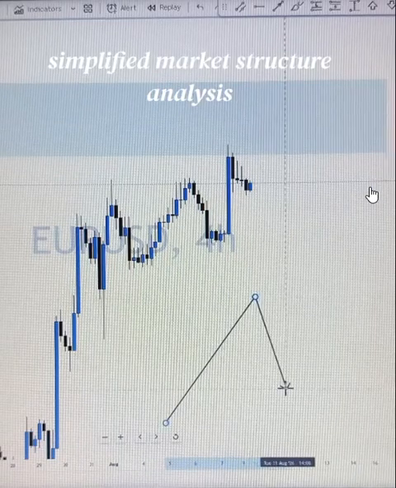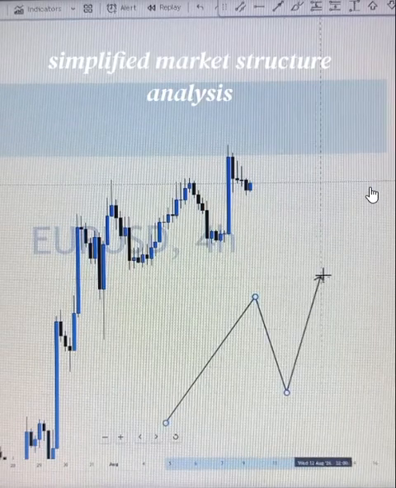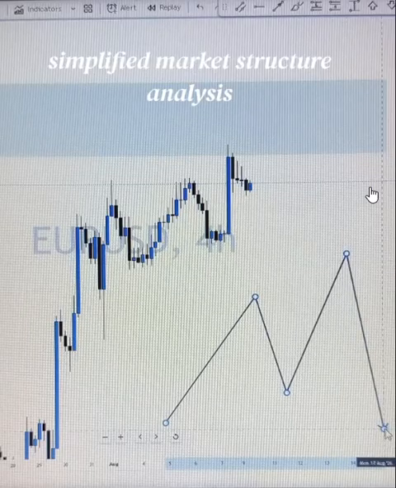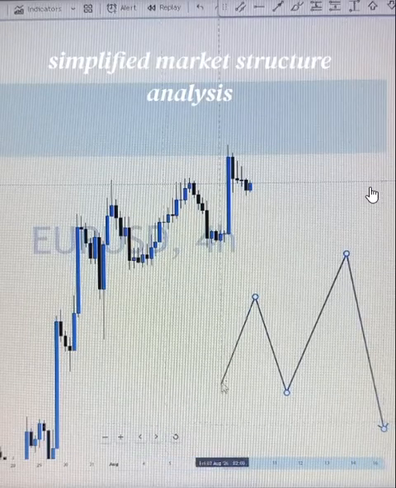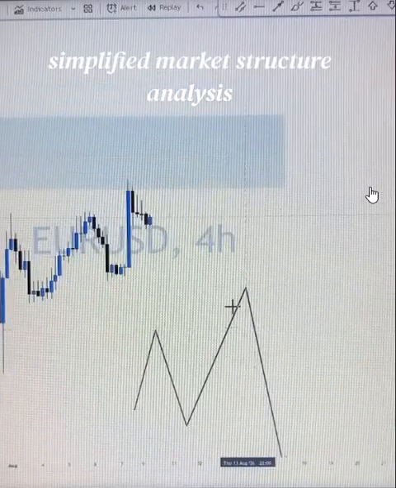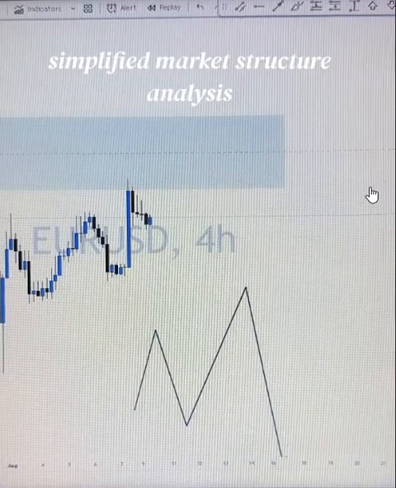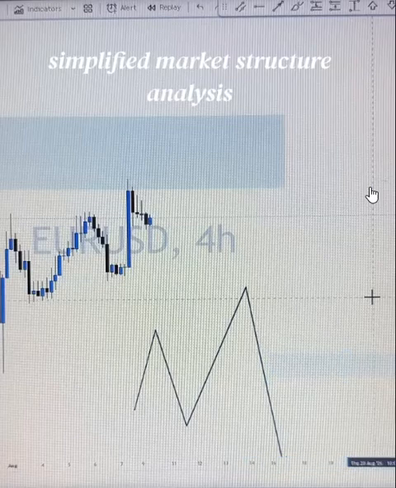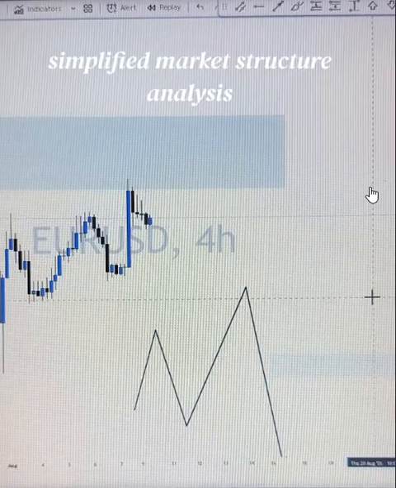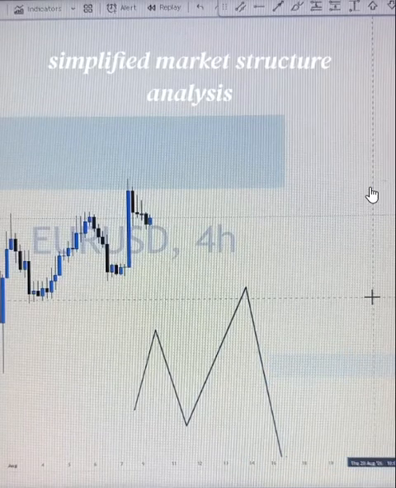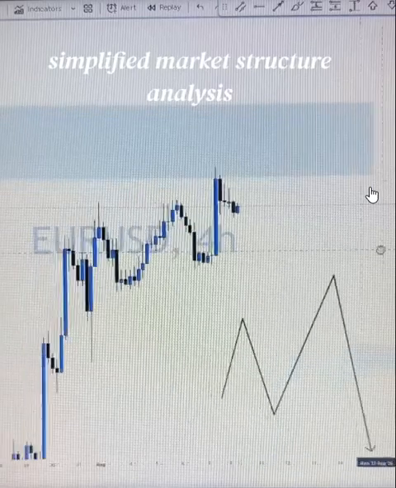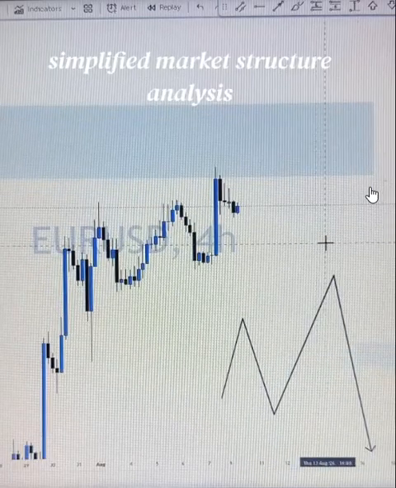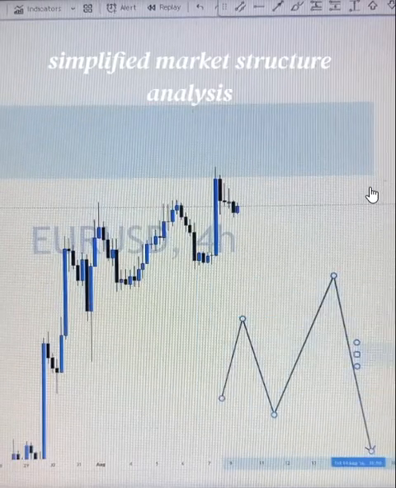Daily is what? Bearish. This is the structure right here on daily. Now, price is reacting from a key level on daily, which is this. As price is reacting at that level, we need 4 hours to give us the same direction. That is why it's called time frame alignment.